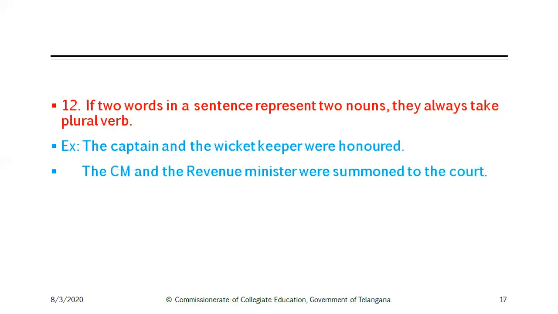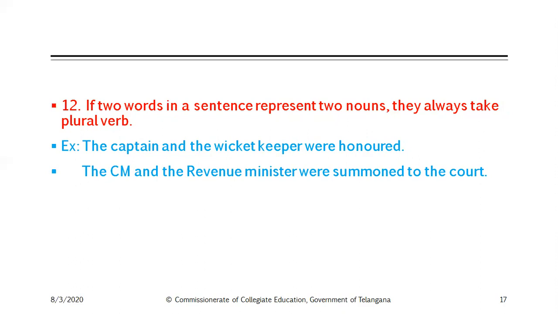In the same way, if two words in a sentence represent two different nouns, they take a plural verb. The captain and the wicket keeper were honored. Two persons are there. Who are they? The captain and the wicket keeper. Here, before each noun, the is used.